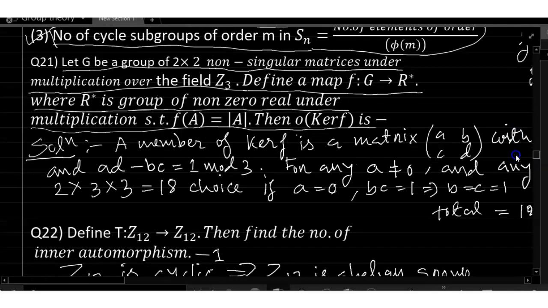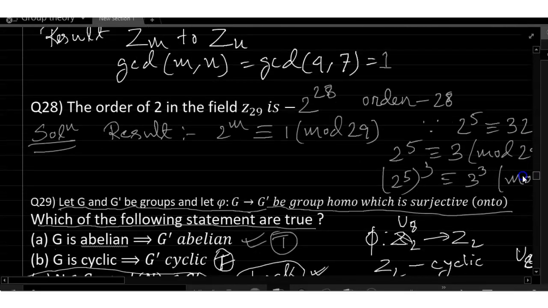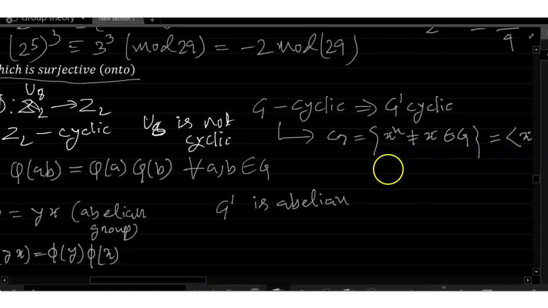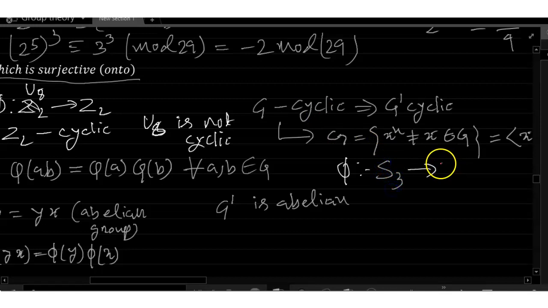This question says that G is cyclic and G dash is cyclic. Take a map from S3 to Z2.